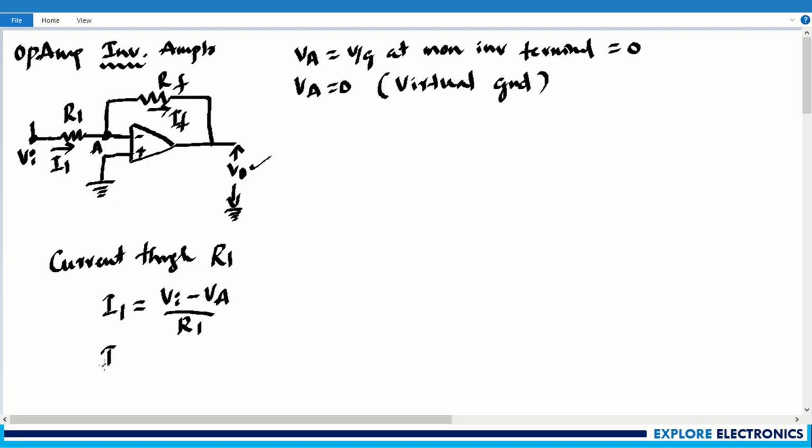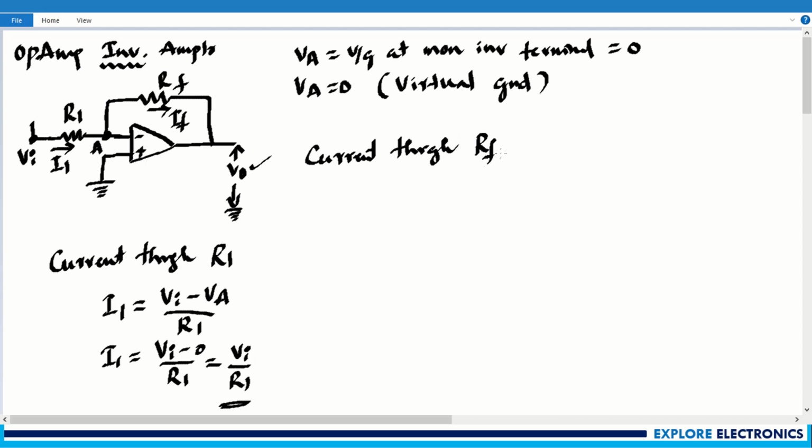Now if you substitute over here, I1 becomes Vi minus 0 divided by R1. It will be equal to Vi divided by R1. This is I1. Now let me take the current flowing through RF. So current through the feedback resistor, that is RF. What is that current? IF will be equal to VA, from this point to this point, we need to measure the voltage across RF.